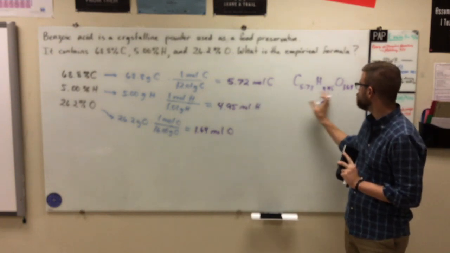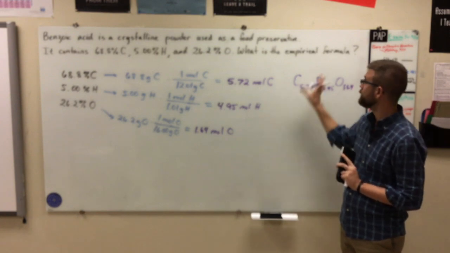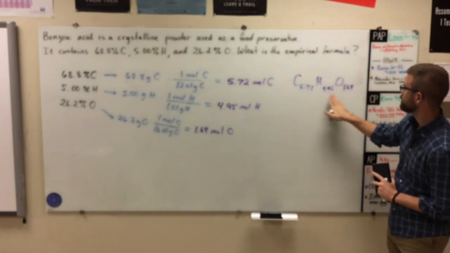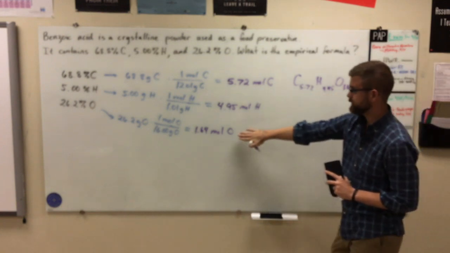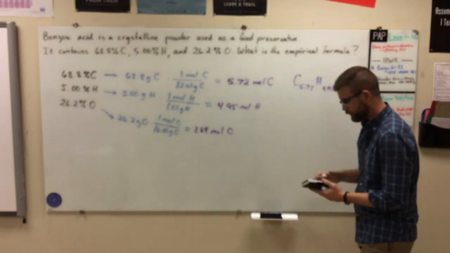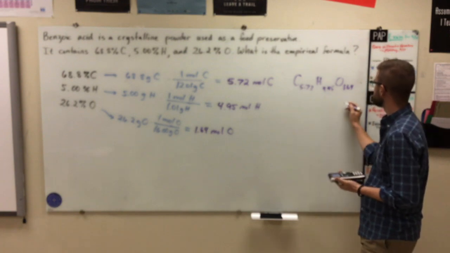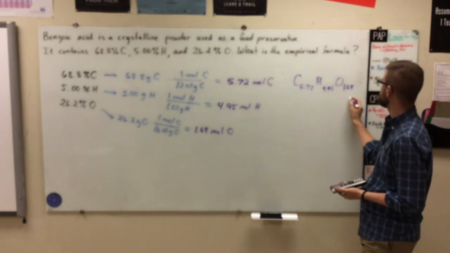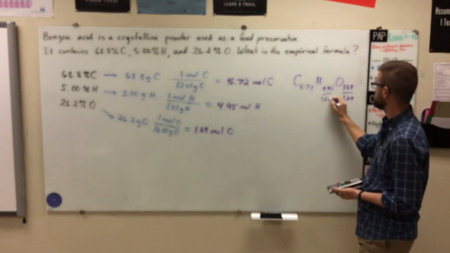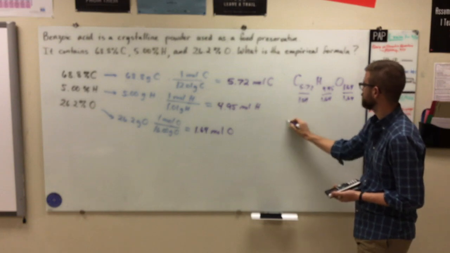You can either play around here, or what I think is the easiest way to get to that answer from right here is to simply figure out which number is your smallest, which in this case is obviously the oxygen. Then I'm going to divide every single number by the smallest number. Remember, these are ratios, so I'm not changing the ratio if I'm dividing them all by the same number.